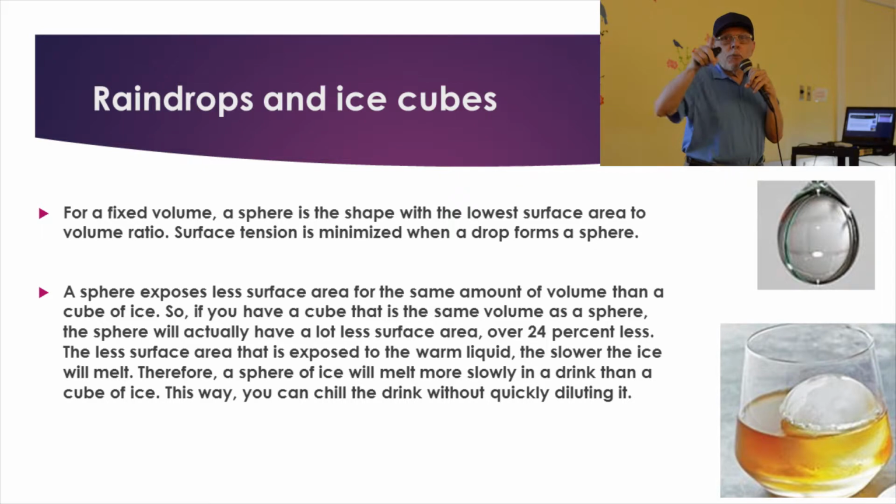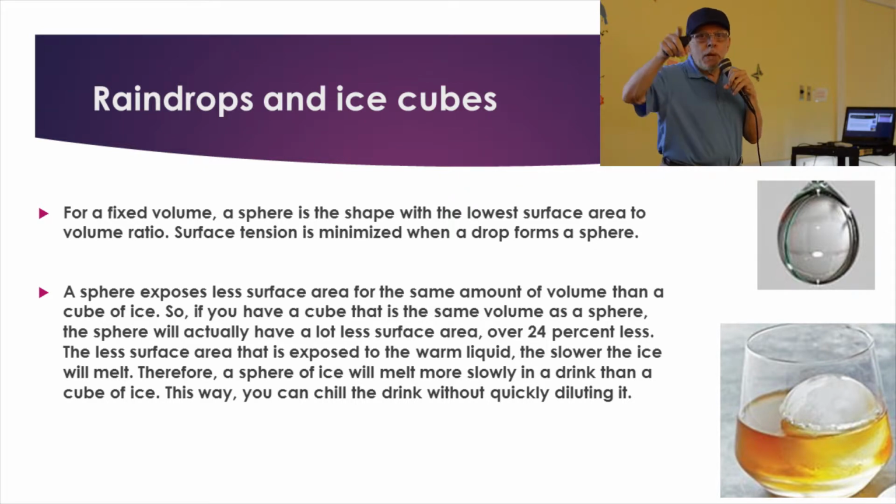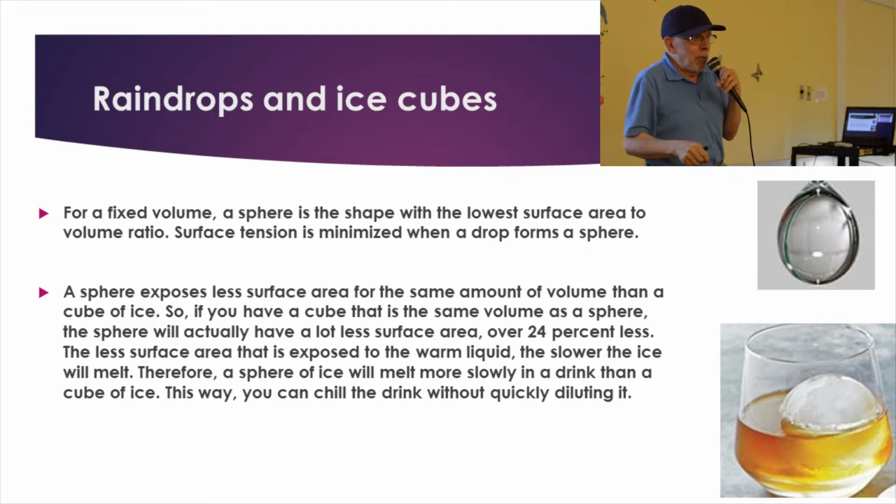It also forms a slight, what we call meniscus. As the water surface approaches the side of a glass, for example, it curves upward slightly because the glass is attracting the molecules more than the air on the other side. So they climb up the wall of the glass a little bit.